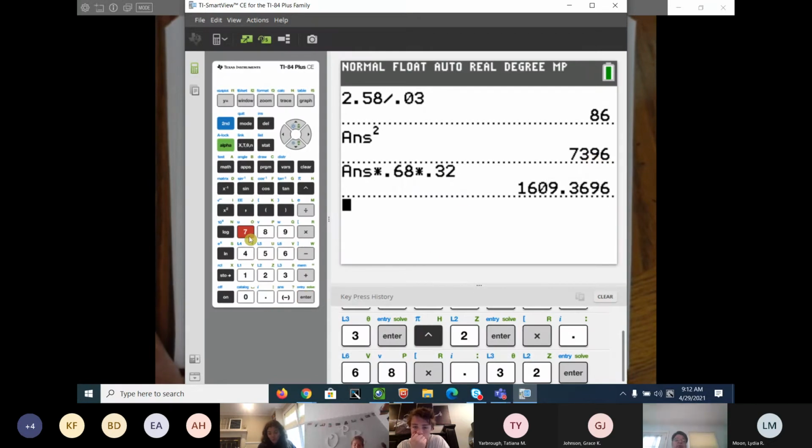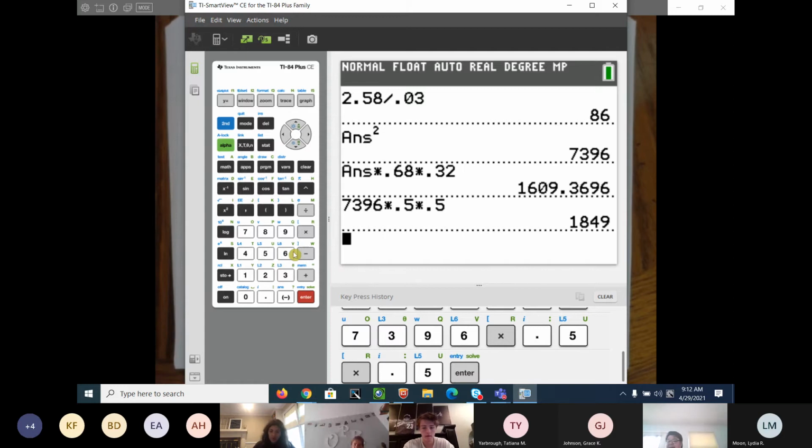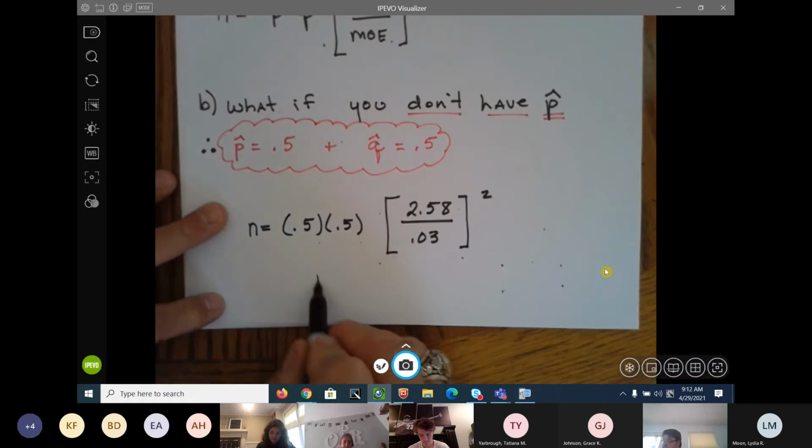Okay, so 6.6564 times 0.5 times 0.5, or times 0.25, whichever one you want to use. 1849. Do I have a decimal there? No. But there are some books that will want you to go to 1850. So I'm going to put right here 1849.